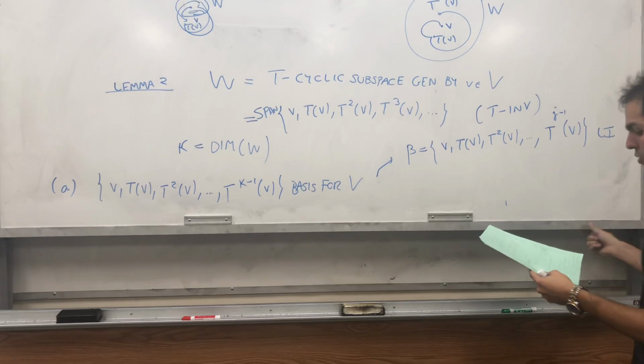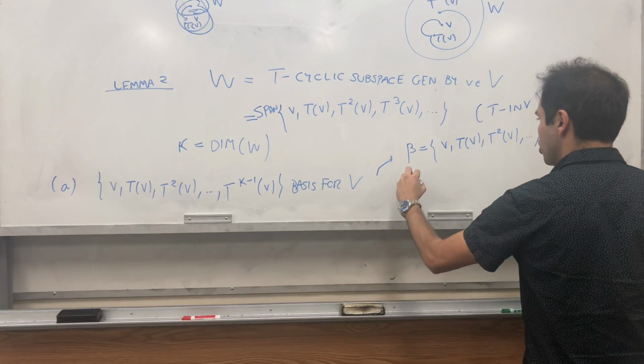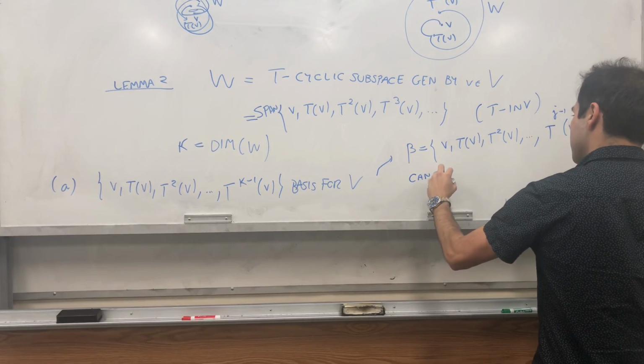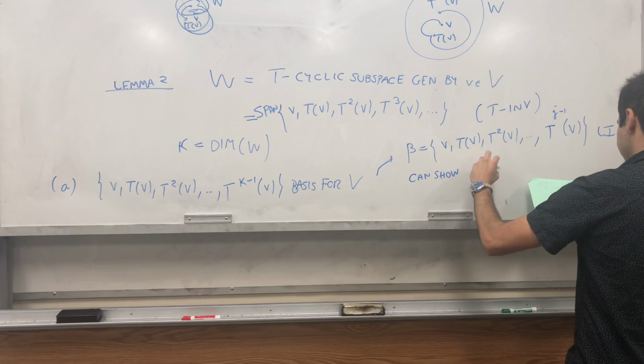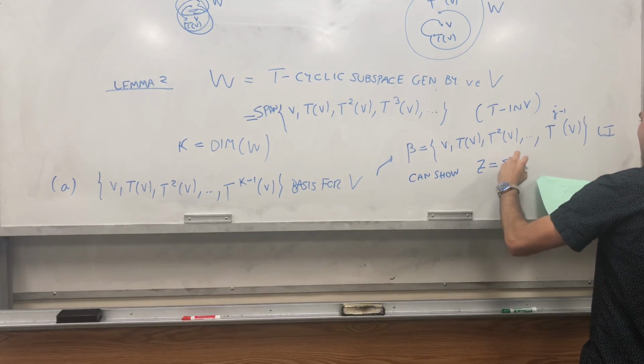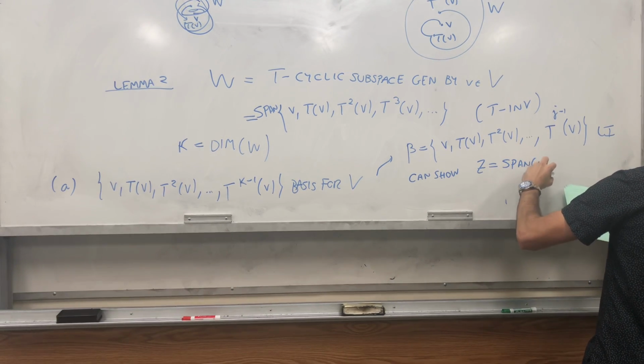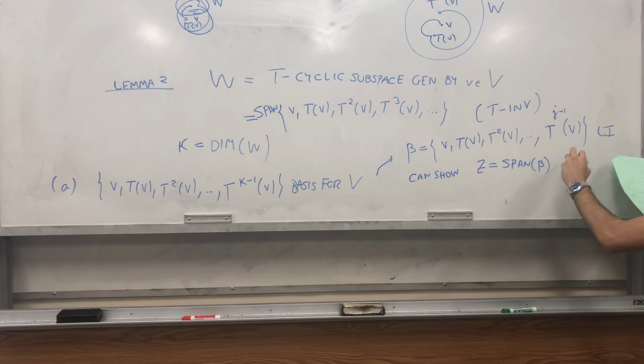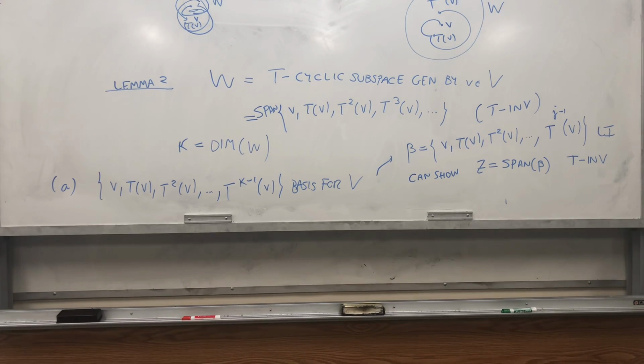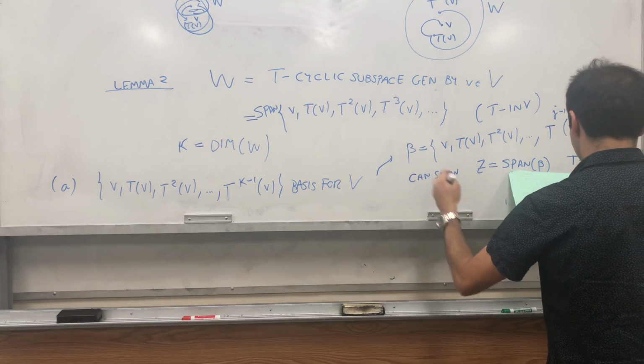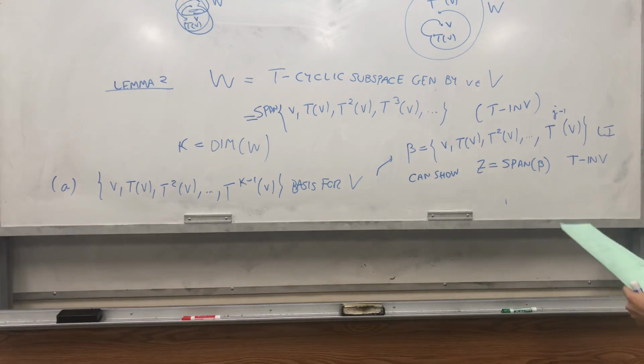And we can then show that Z, which is the span of beta, is T-invariant. Why is it T-invariant?